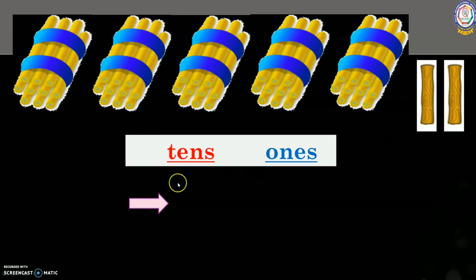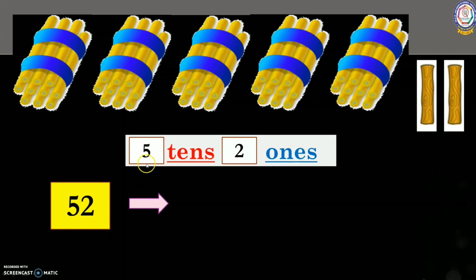Okay. Now let's count how many tens are there. 1, 2, 3, 4, 5. 5 tens. Now count the ones. 1, 2. 2 ones. 5 tens and 2 ones makes 52.